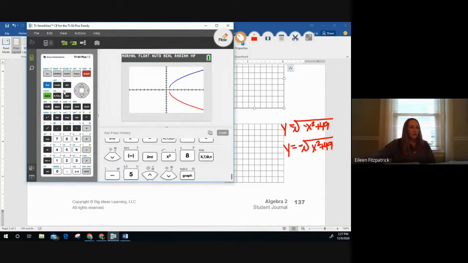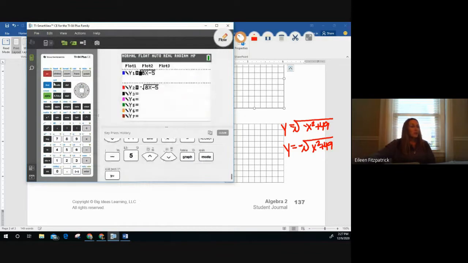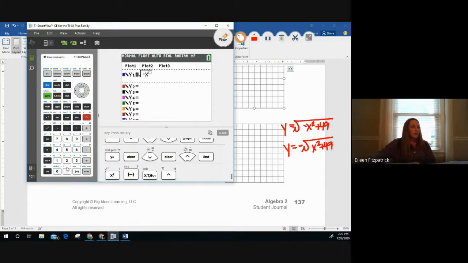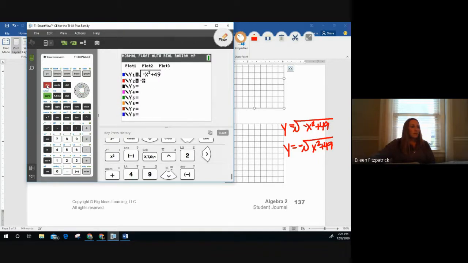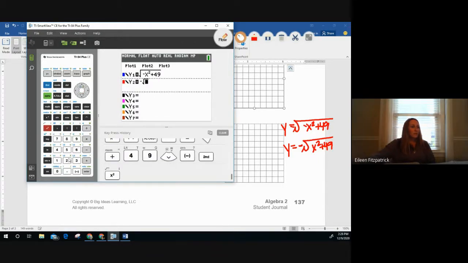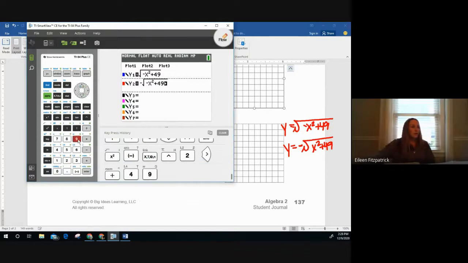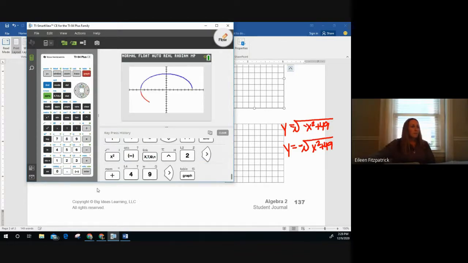Grab your calculator, clear out those two. So I have the square root of negative x squared plus 49, and then the negative square root of negative x squared plus 49. And then I'm going to graph it. So I have a circle.